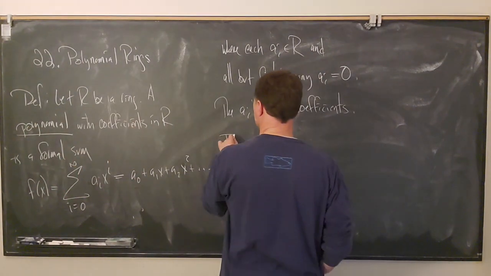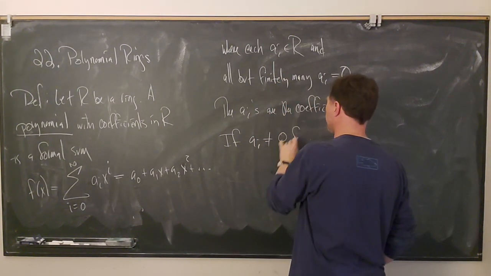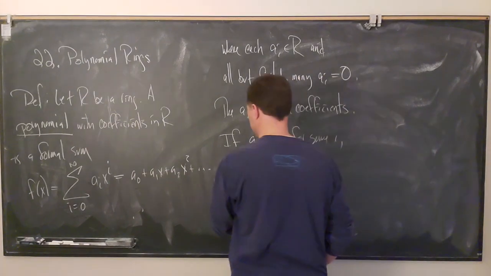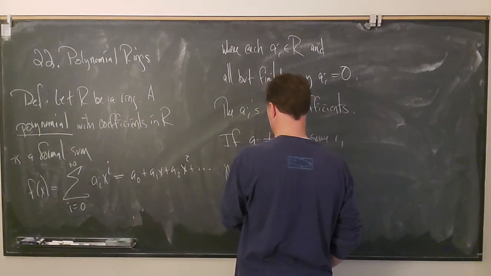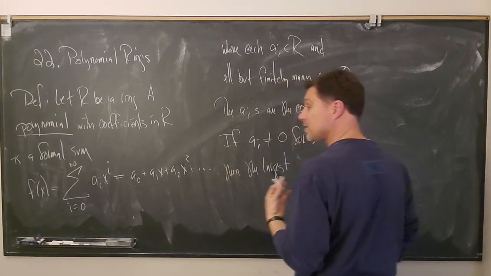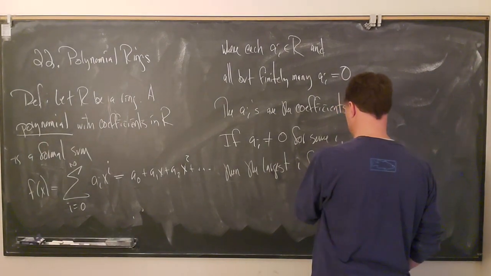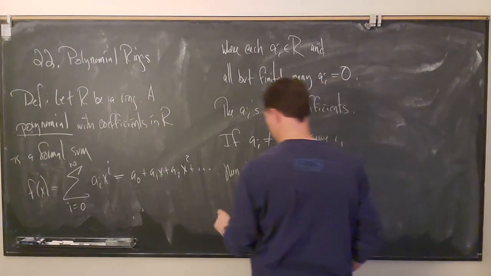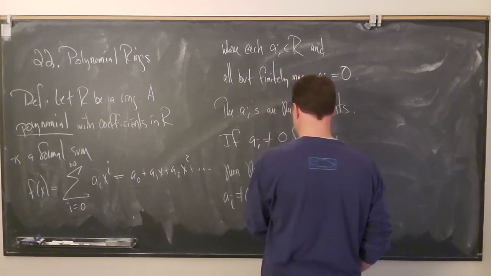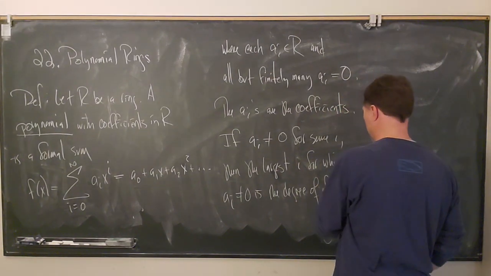If a sub i is non-zero for some i, then the largest i for which a sub i is non-zero is the degree of the polynomial f of x.